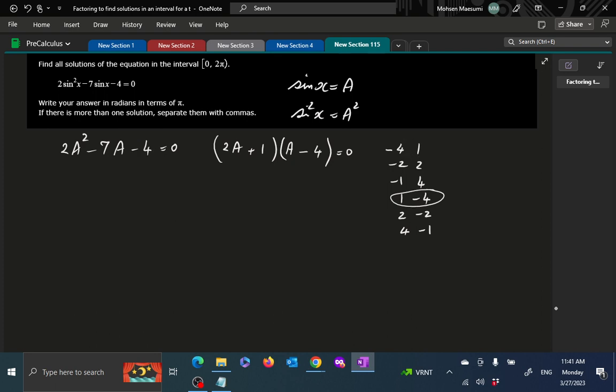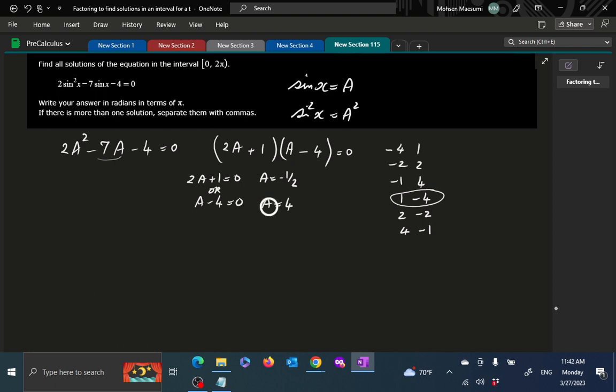There were 6 different ways. Which one of them will give us the middle term? That's the only one. So I have 2a plus 1 is equal to 0, or a minus 4 is equal to 0. So either a is minus 1 half, or a is equal to 4.